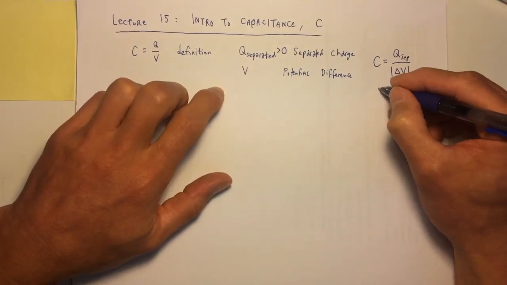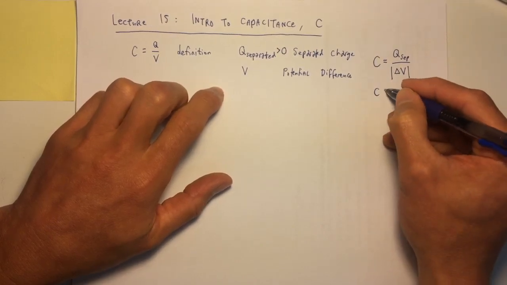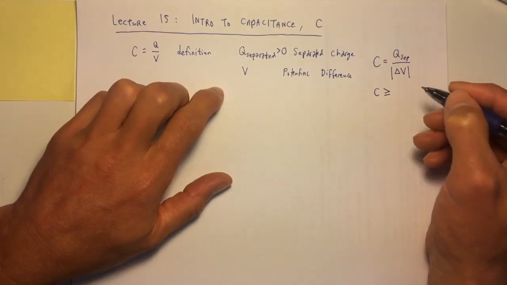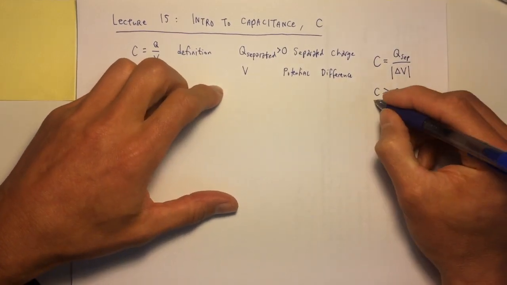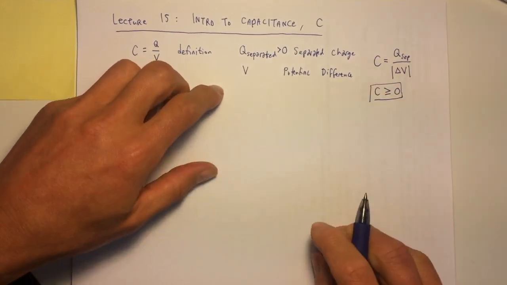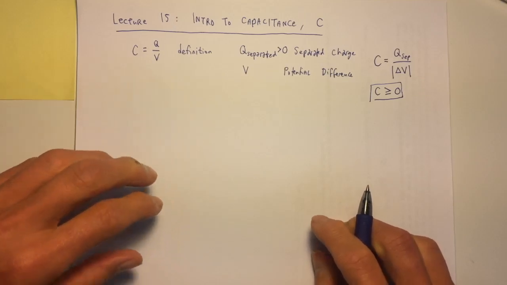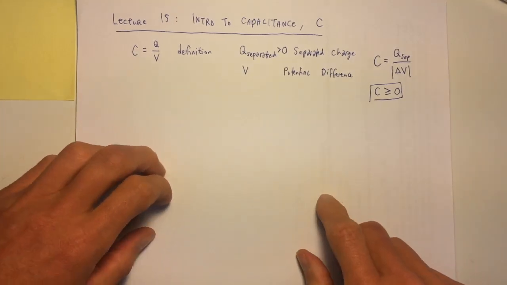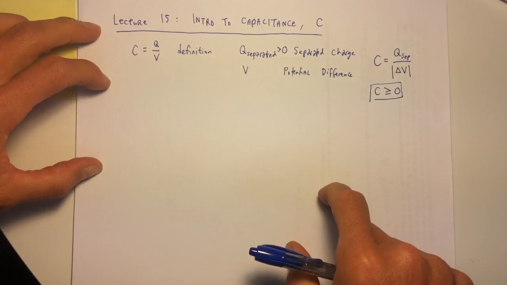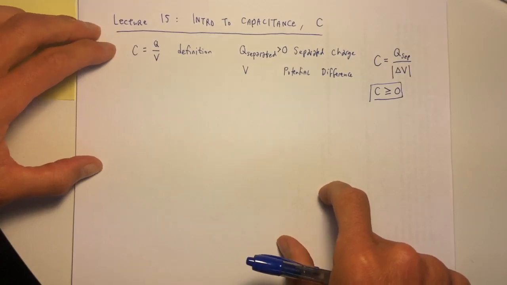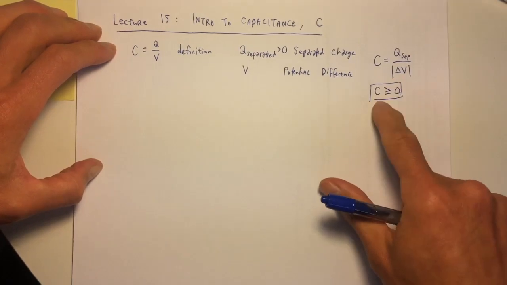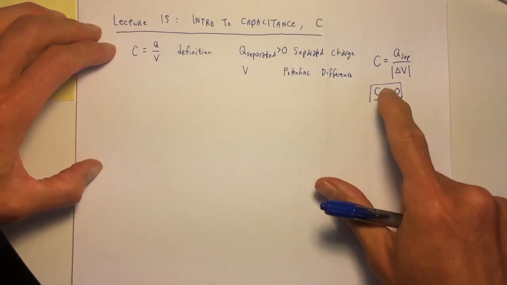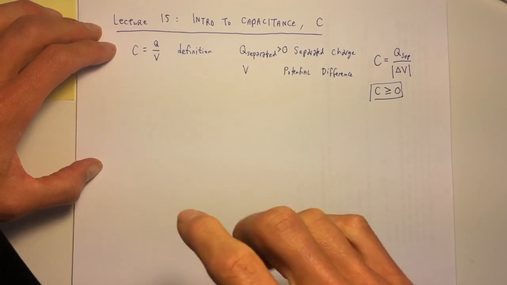So what I mean to say is this capacitance is always going to be greater than or equal to 0. I think this is important to say. You should never have a negative capacitance. It's strictly a positive notion. I don't think I'll run into trouble by saying that, but this is how you should view capacitance.